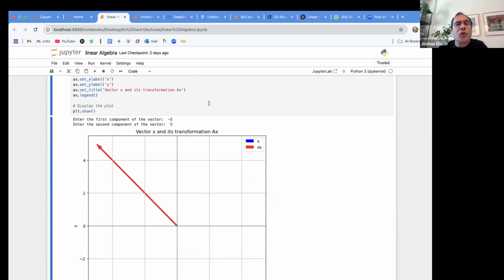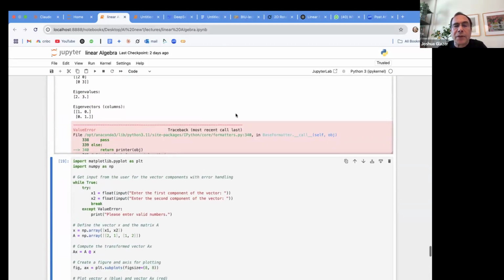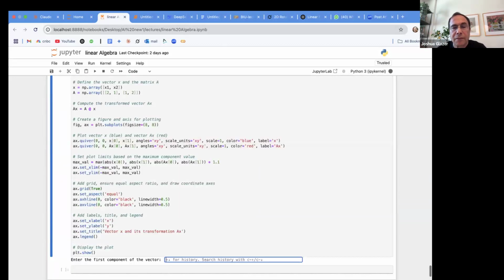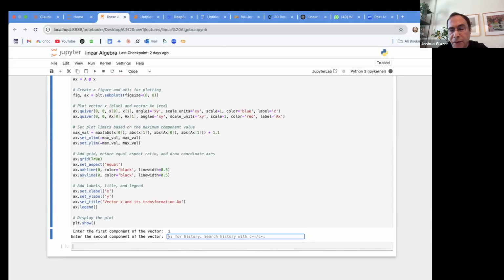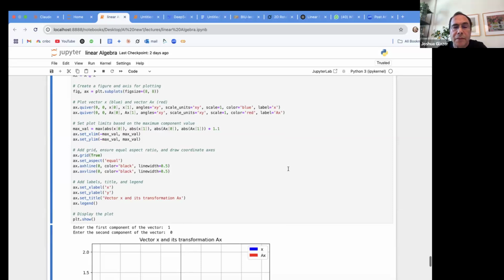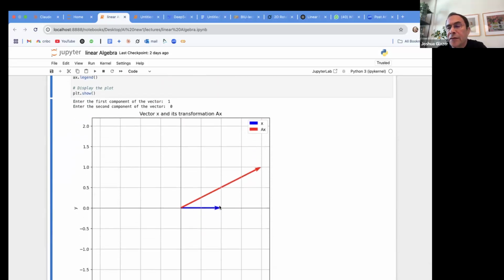And just lastly, let's do one more example. Let's do 1 and 1. No, 1 and 1 we did, I think. Let's do 1 and 0. Okay, so this is 1 and 0, and this is the matrix times this vector.